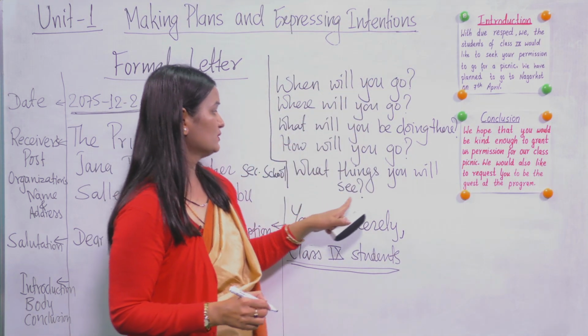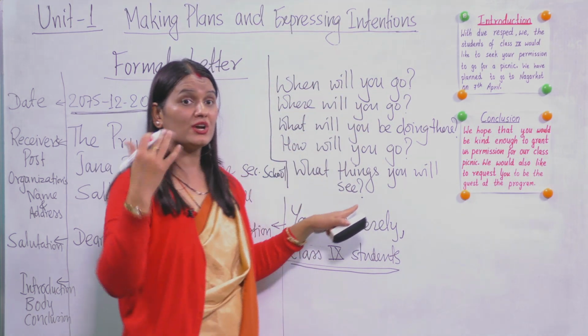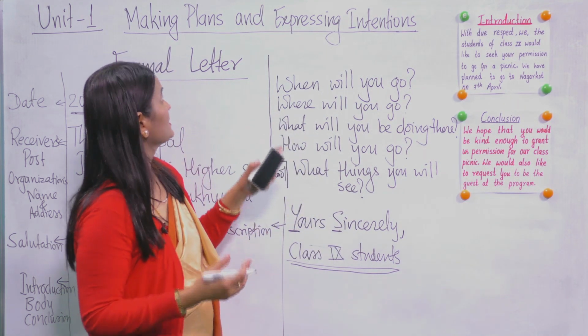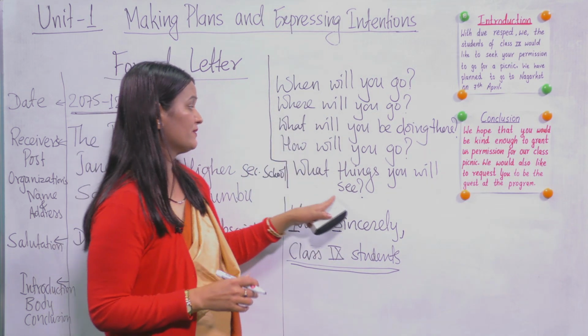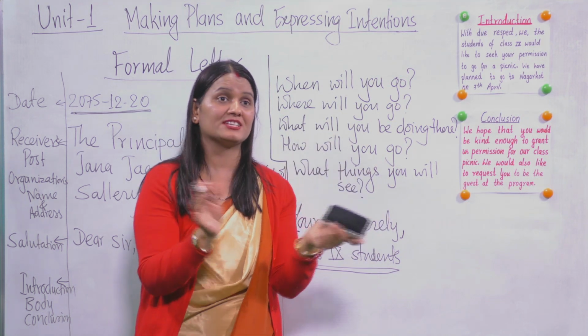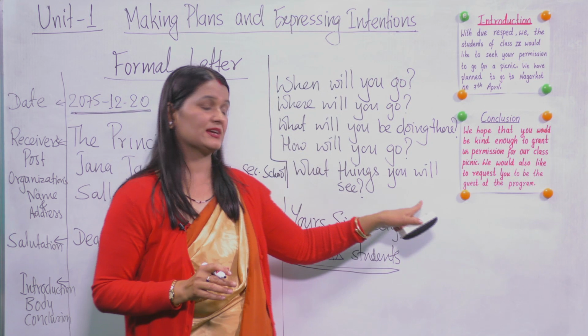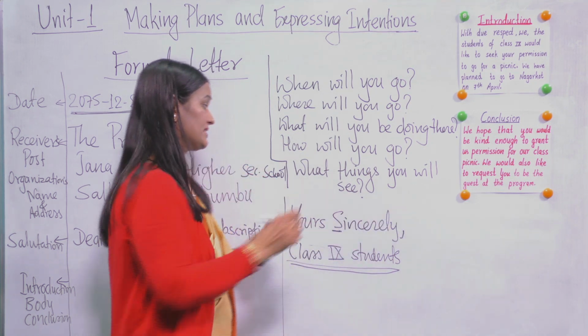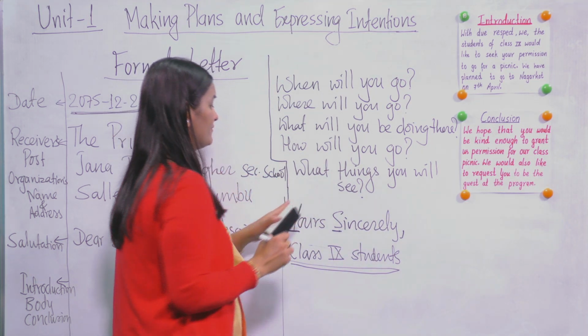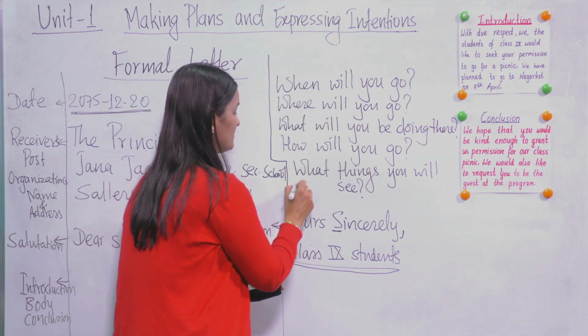So you have to think about your intention. Okay, what is your plan of seeing there? The scenery, the mountains, the lakes. What are the things you would like to see? You will think about that. And then if you are going for an educational tour, for how many days?